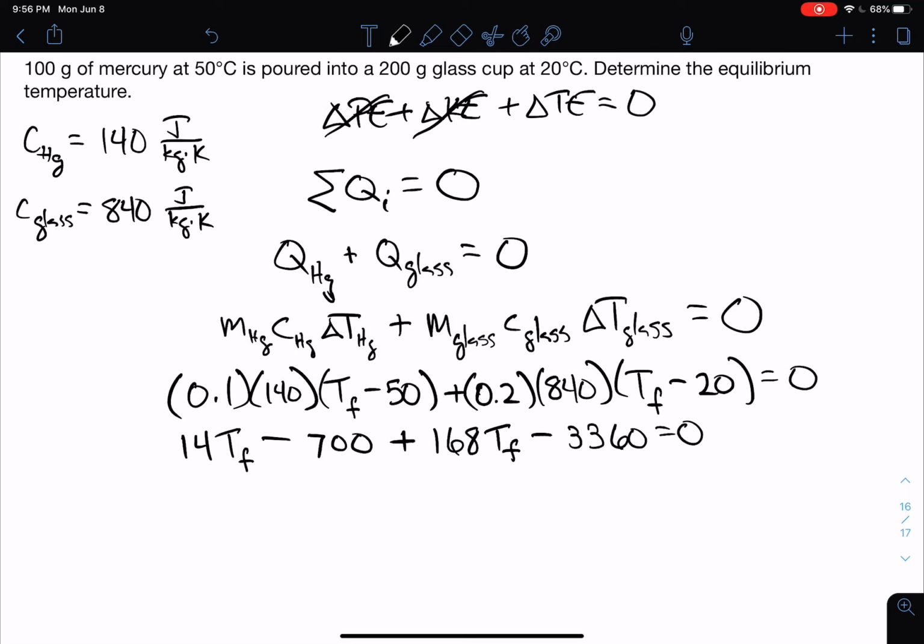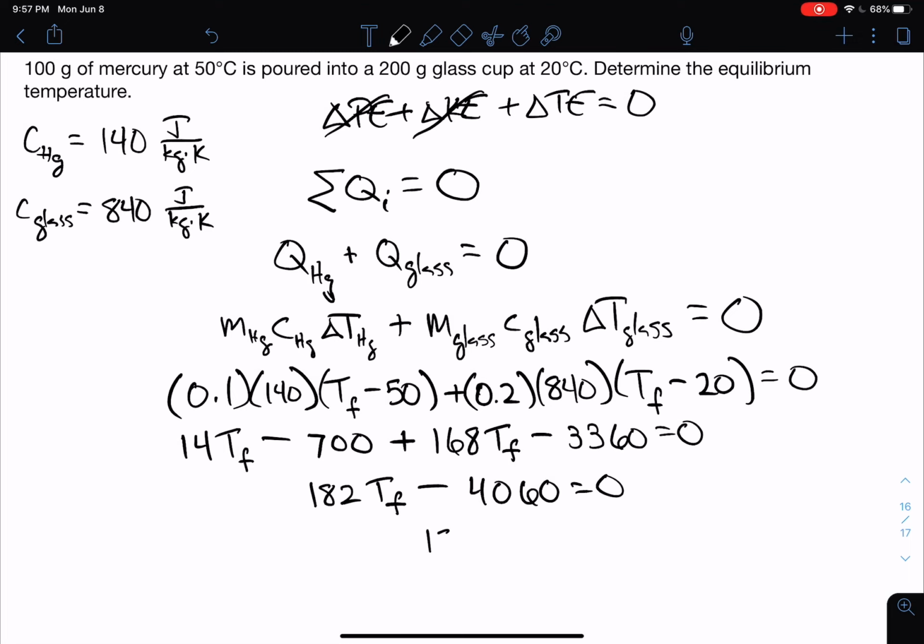Okay, so I can combine my terms. 14 plus 168 is going to be, what is that, 182? Yes. Minus 700 plus 3,360 is 4,060. And so then I'm solving for T final.